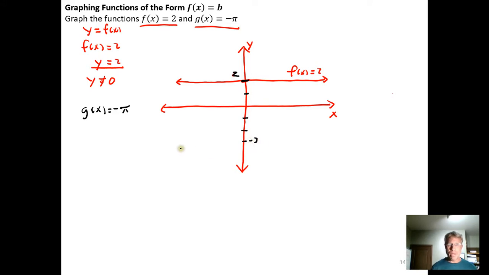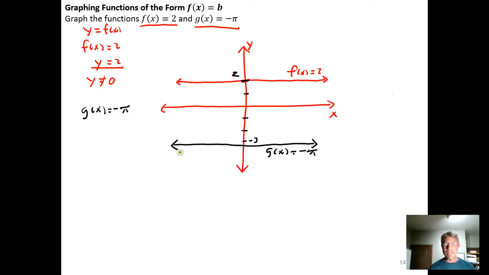So I would just draw in a line that's just a hair past negative 3. That's probably a little too much past negative 3, but again, I think the spirit of these is just to get a reasonably accurate picture. They don't need to be insanely accurate. If we needed something insanely accurate, we would use software to do the graphing for us. So this is my function g of x equals negative pi.